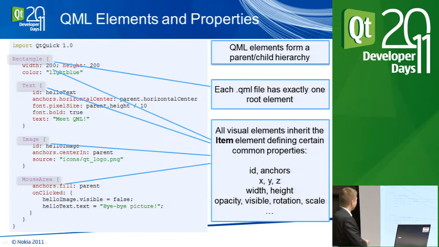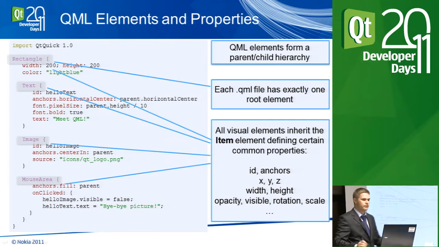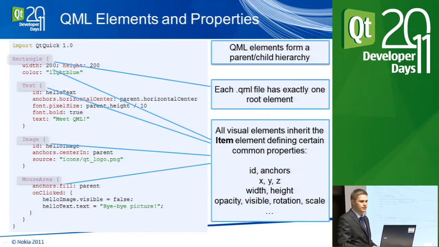Then these text, image, and mouse area, they are called visual elements, and they all inherit item. Well, the rectangle is also a visual element. They all inherit something called item. Now, this is very similar to class hierarchy in object-oriented languages.